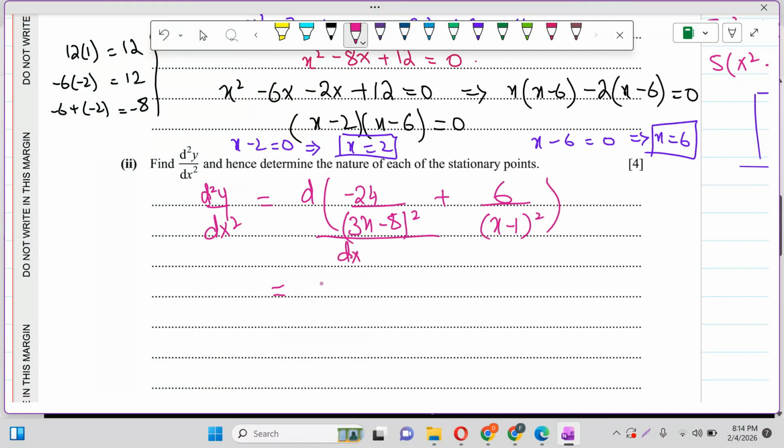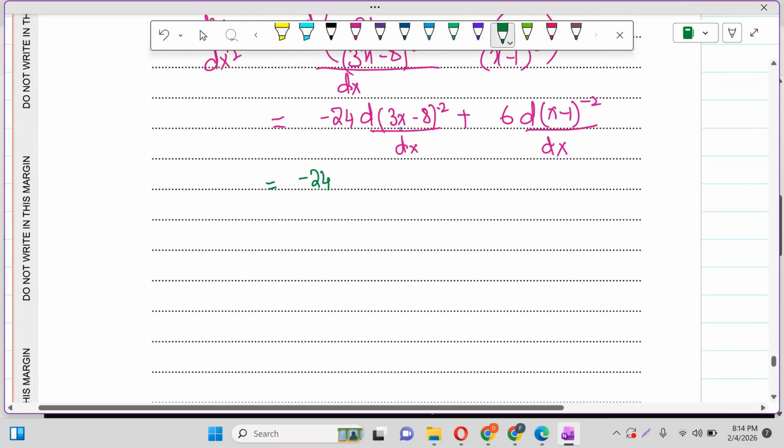Further solving, we will have negative 24 times the derivative of (3x minus 8) whole power negative 2 with respect to x, plus 6 times the derivative of (x minus 1) whole power negative 2 with respect to x.